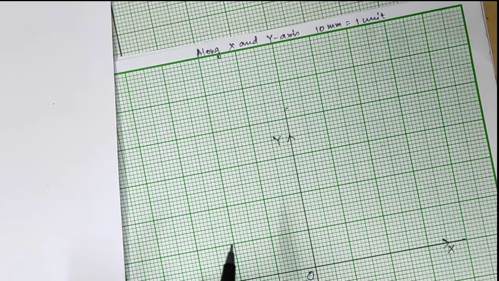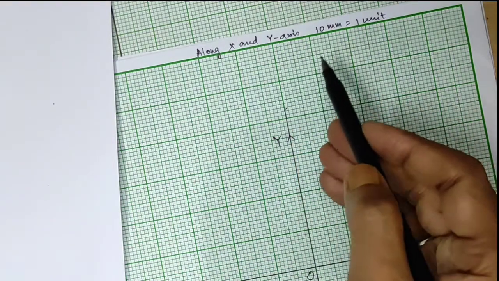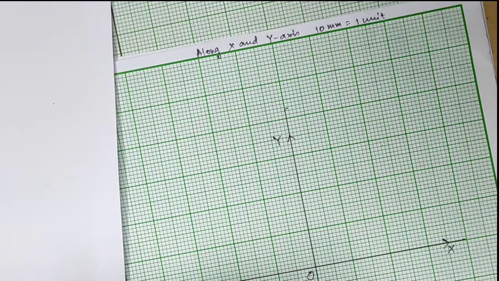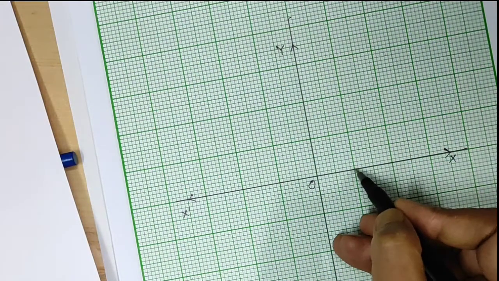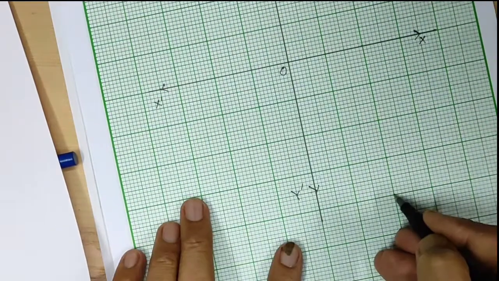Also, this measurement will be given in the question. Sometimes it is told take 2 centimeter as 1 unit. This is 2 centimeter. Now, if you plot this point (2, minus 4), where it will be? Here it is.